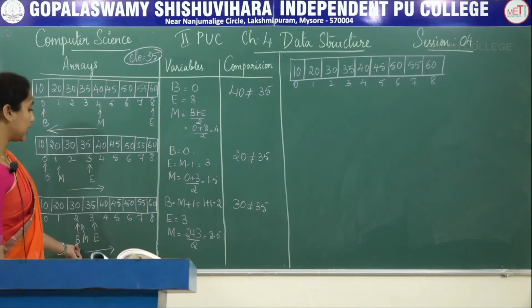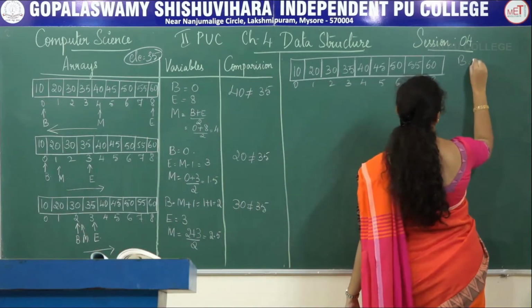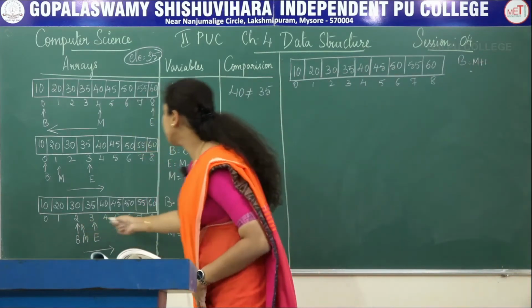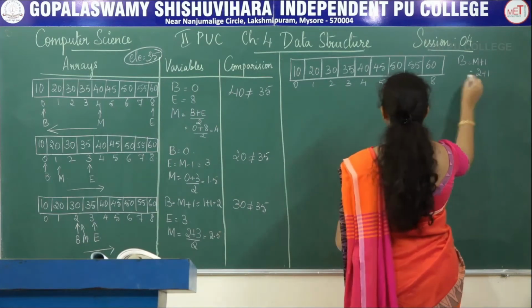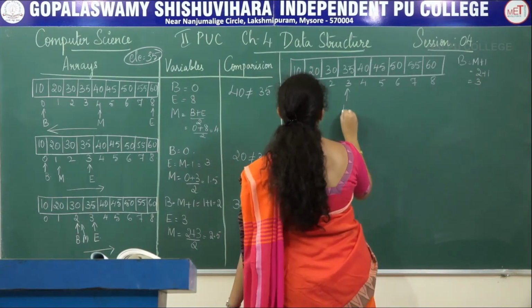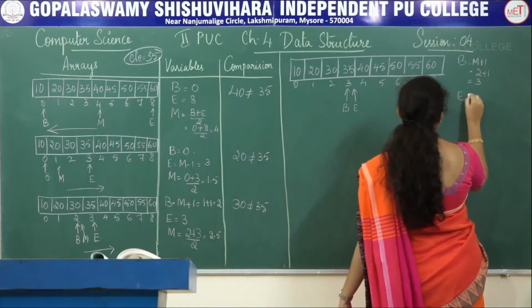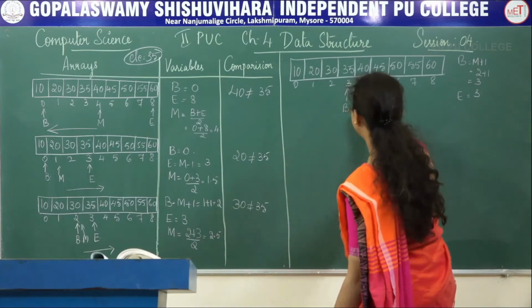The beginning is equal to m plus 1. B becomes m plus 1. What is m here? M is 2. 2 plus 1 is 3. So 3 is our beginning, and the third position itself is our end position.